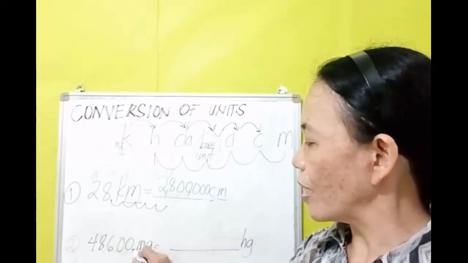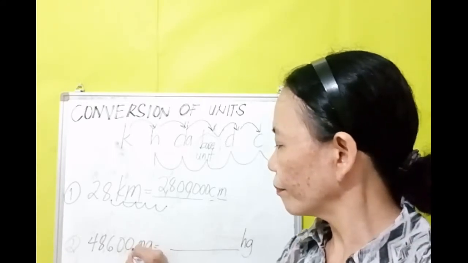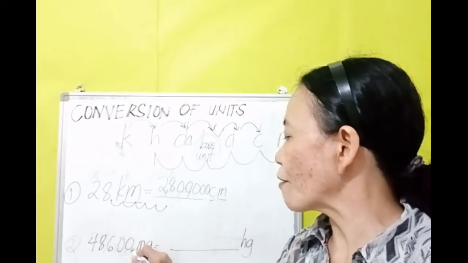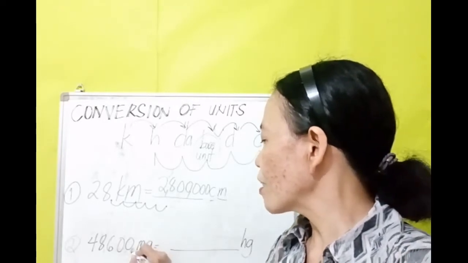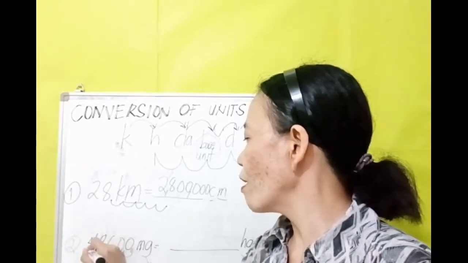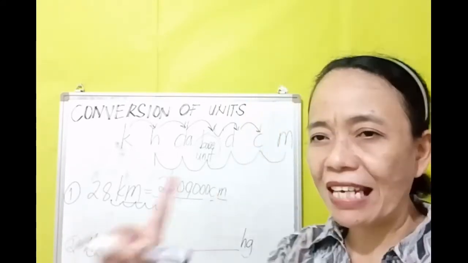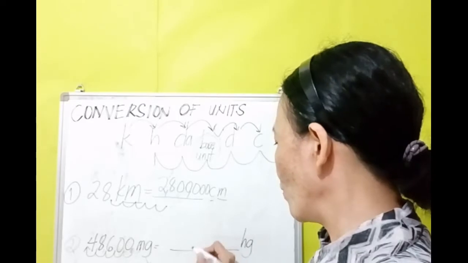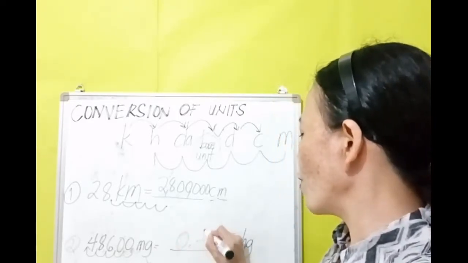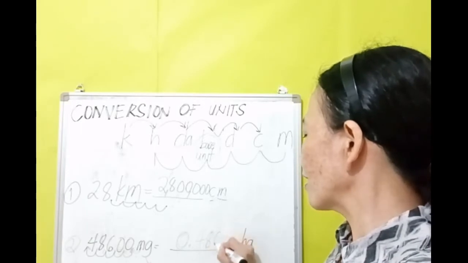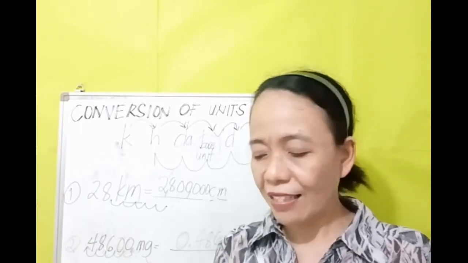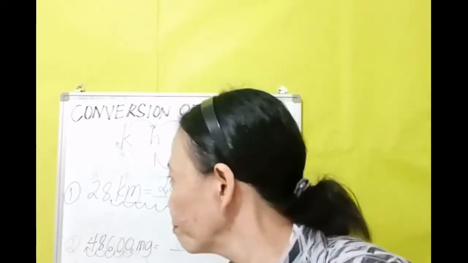This is the understood decimal point. So we're going to move these 5 places. 1, 2, 3, 4, 5. So the final answer is 0.486 hectogram. Got it? Next.